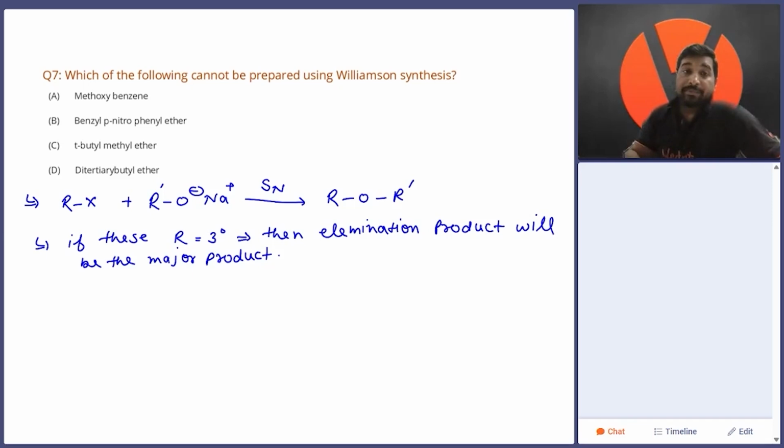So if I'm talking about the D option, the structure of D is CH3C(CH3)2-O-C(CH3)3.